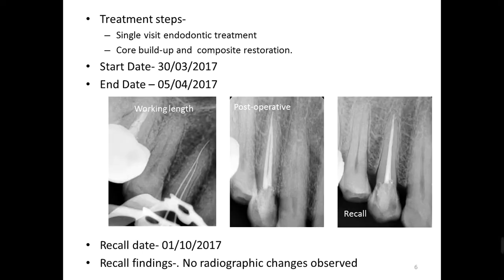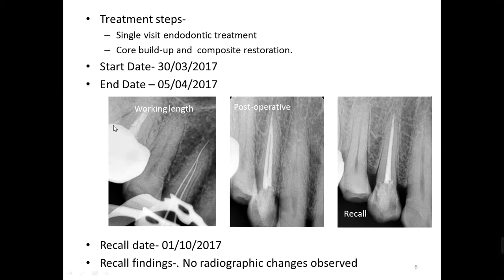As you can see, when the radiograph was taken for working length, you can see the fusion of the roots or the canals that we studied in the previous module, that the roots fuse and the canals fuse at the apical end.